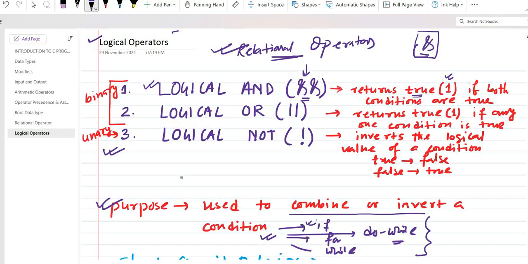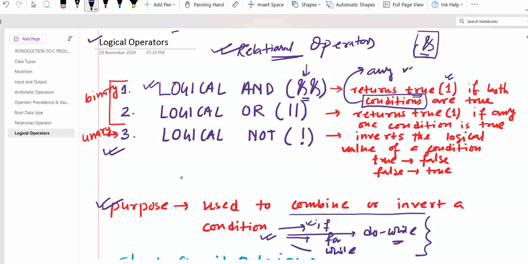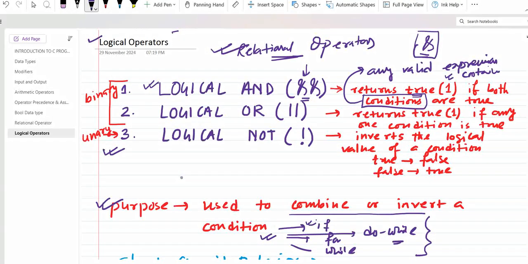Here, when you say condition, it can be any valid expression containing other operators and operands.